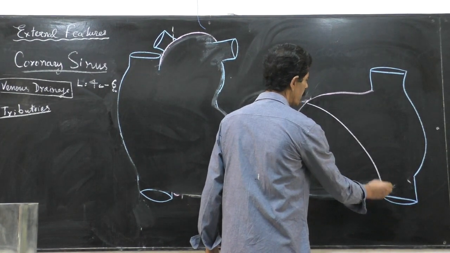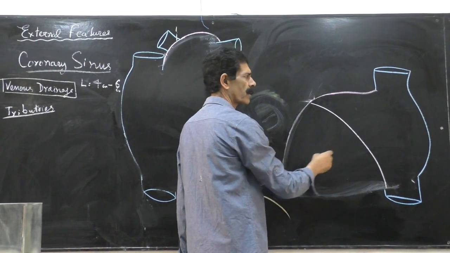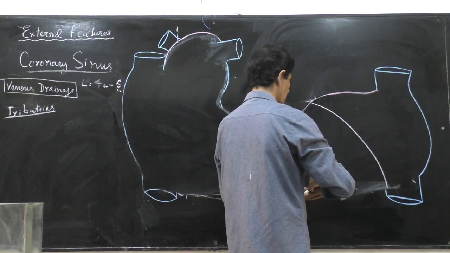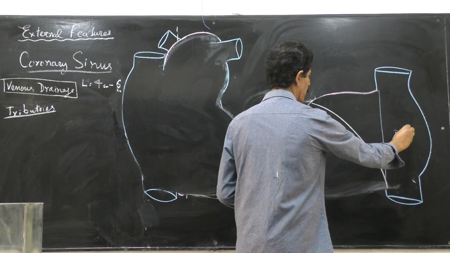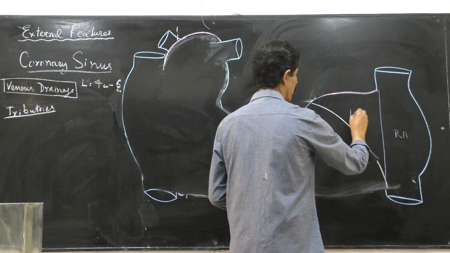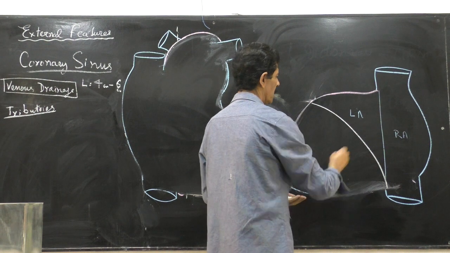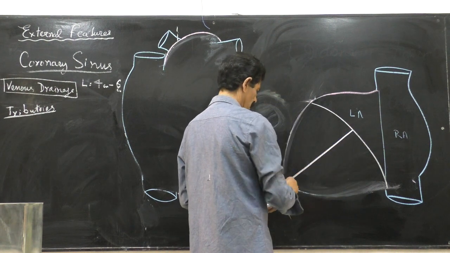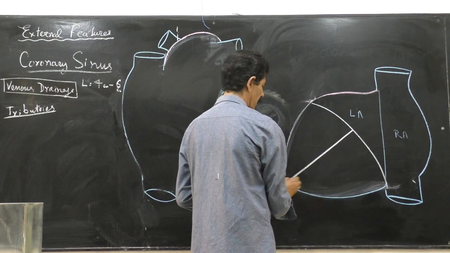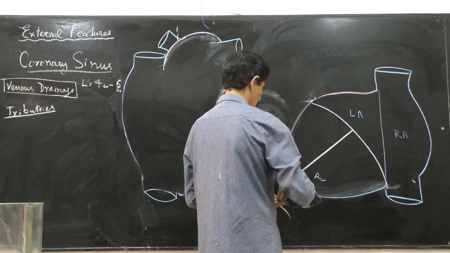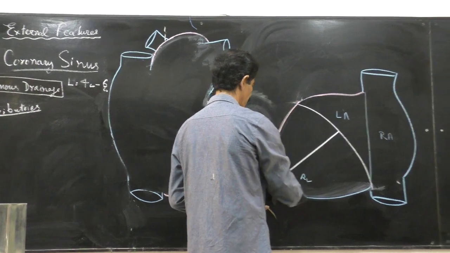this is the posterior atrioventricular because this is the right atrium, this is the left atrium, and the crest point you have to make like this, and this is the right ventricle, and this is the left ventricle.